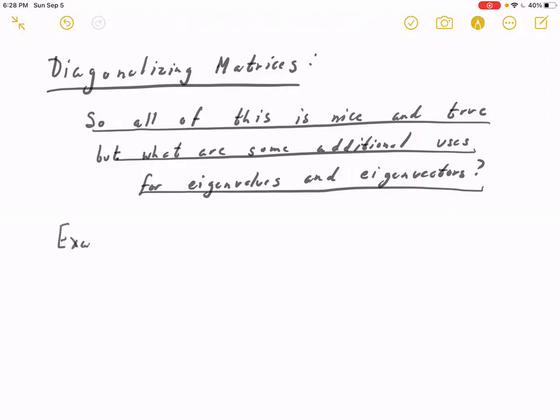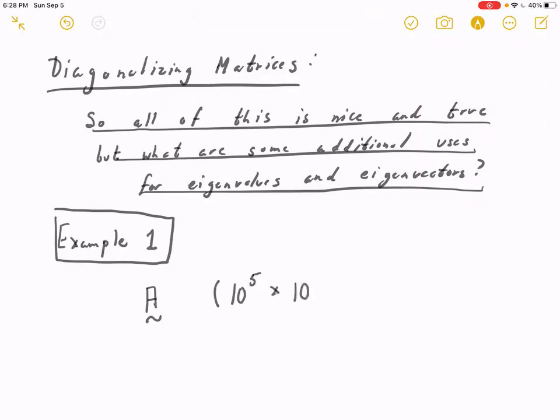And it's just going to lead us to the problem of diagonalizing matrices. So I want to go through some examples to motivate why all of this is useful. So suppose you have a matrix A that has 100,000 rows and 100,000 columns. That's a big matrix.